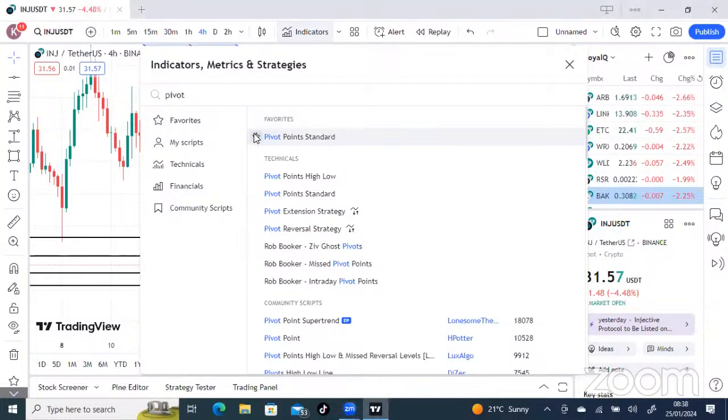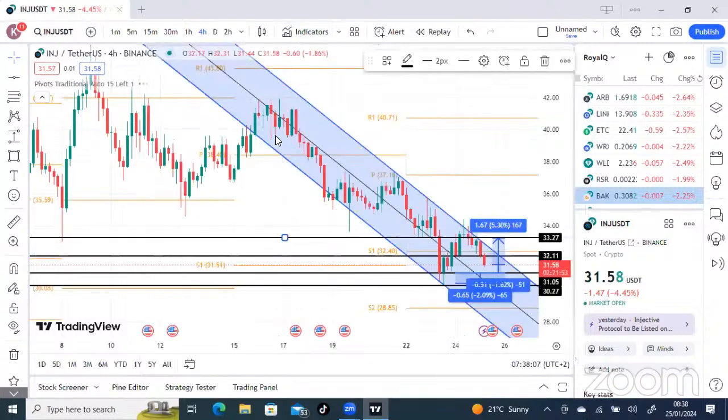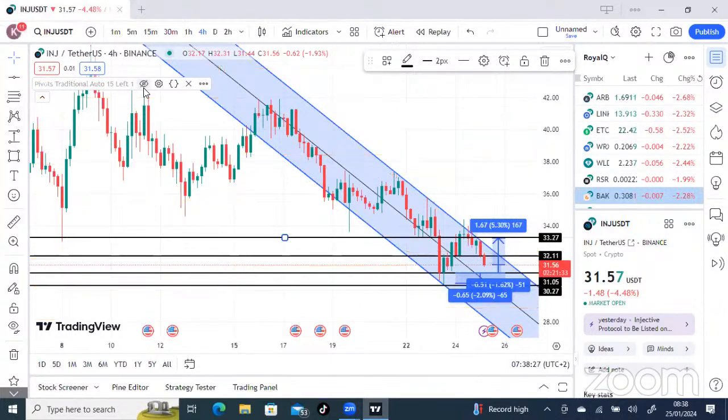Then you tap on it once. It will get into your screen, and once it gets into your screen, the name will appear on top. The eye makes the indicator disappear. The eye makes the indicator open.